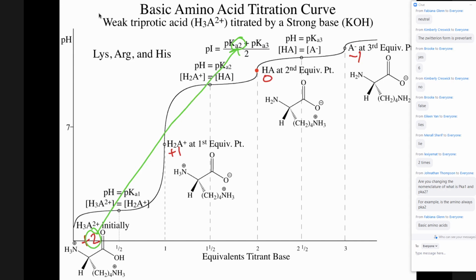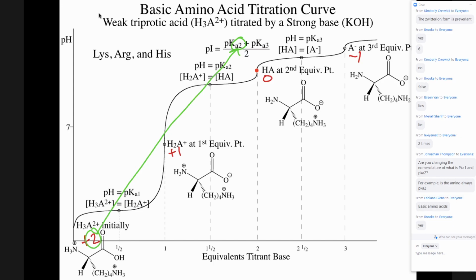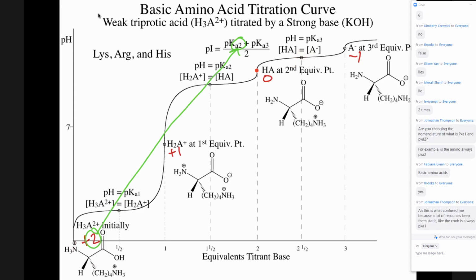Therefore, pK1 is always the most acidic, the first one to come off, and therefore the lowest number. We go from pK1, that's going to be the carboxyl terminal. pK2 depends on the amino acid. I want to be really careful here, because for something like this compound, this is actually a little more acidic because it's close to this. So your second one's going to be the amino, and the last one's going to be this. But for histidine, the side chain would be second, before the N terminal.